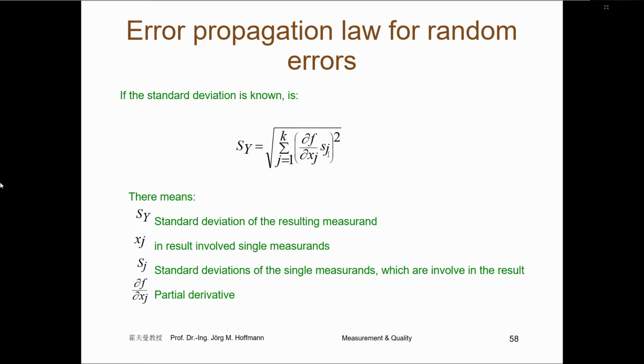And you see here, this is a formula, and you have to make the first derivation of the formula, the first derivation to each value which is included in this formula, and then multiply it with the standard deviation powered by 2, you add all the single values and you take the root.